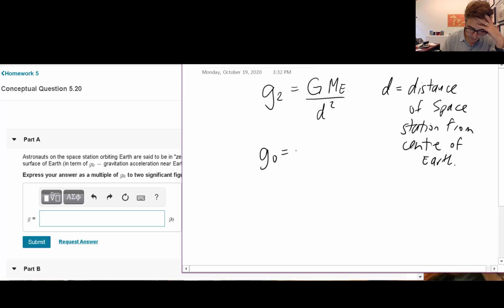Okay, and g0 is equal to capital G times the mass of the Earth divided by the radius of the Earth squared. And d is equal to RE plus the height of the space station.